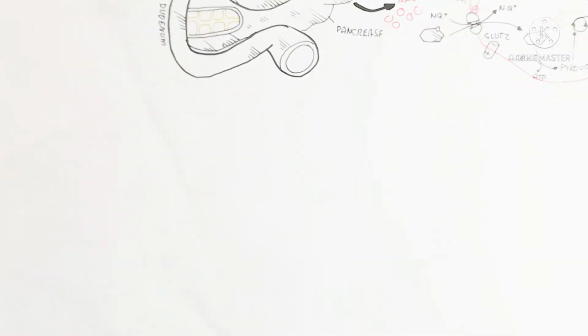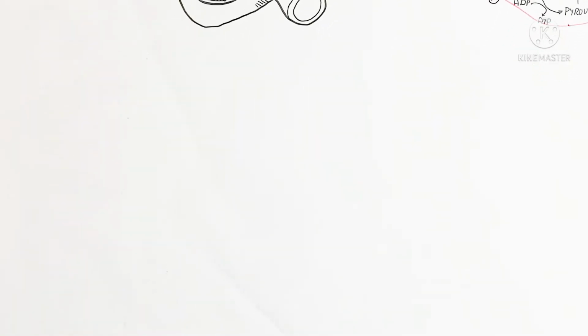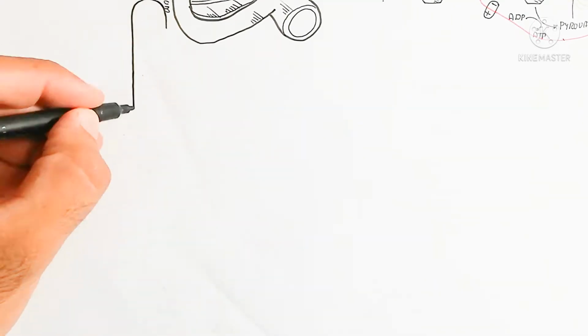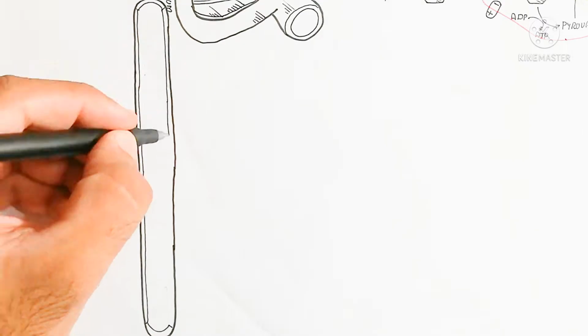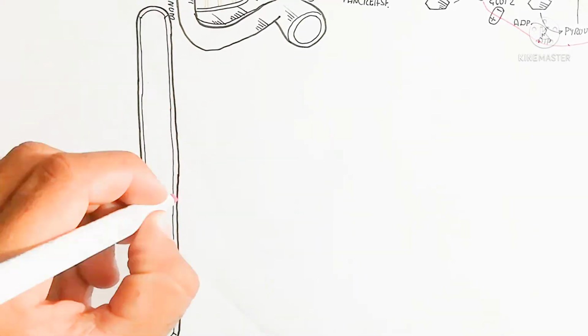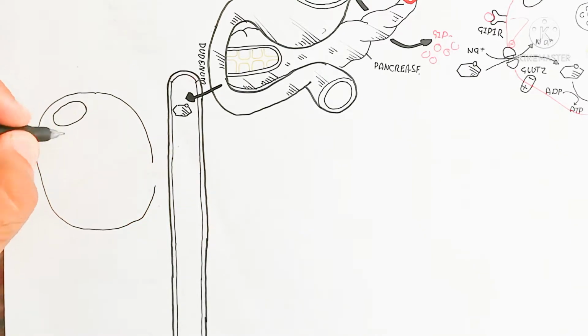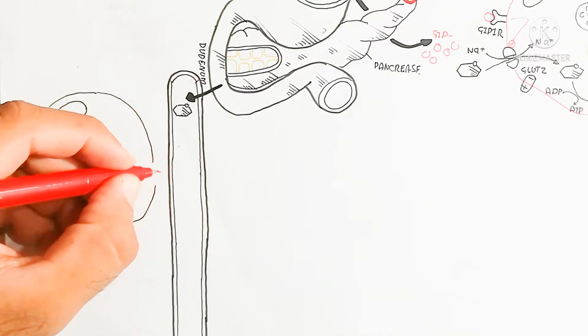In this way the insulin is produced and binds with the insulin receptor, which is present in all types of organ tissue.